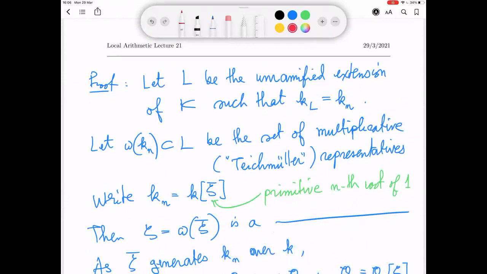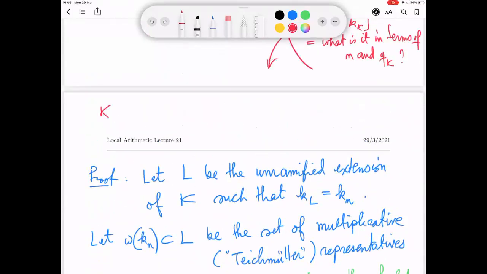I want to show that K_n over K is unramified. What I do know is that there's an extension, which I'll call L, of K which is unramified and whose residue extension is this one.